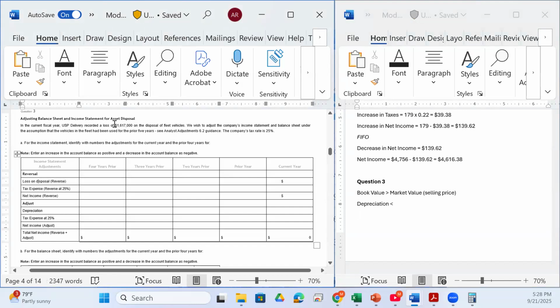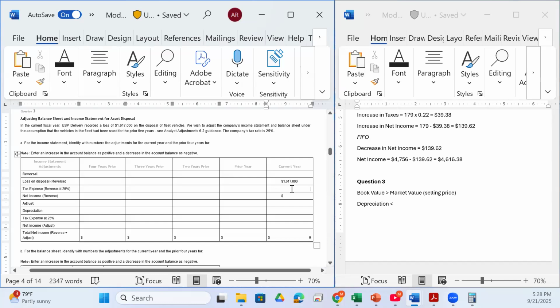Because it was a loss, it was deducted, we are going to add this amount, 1.617 million.